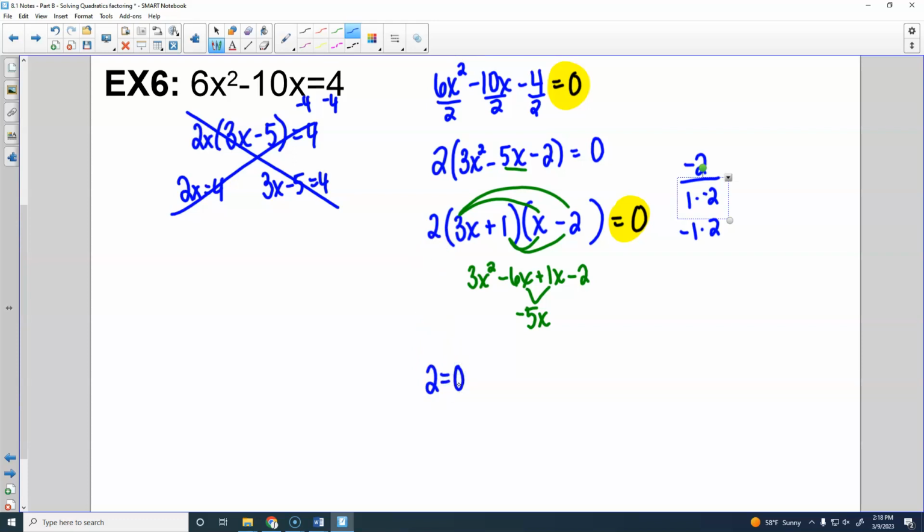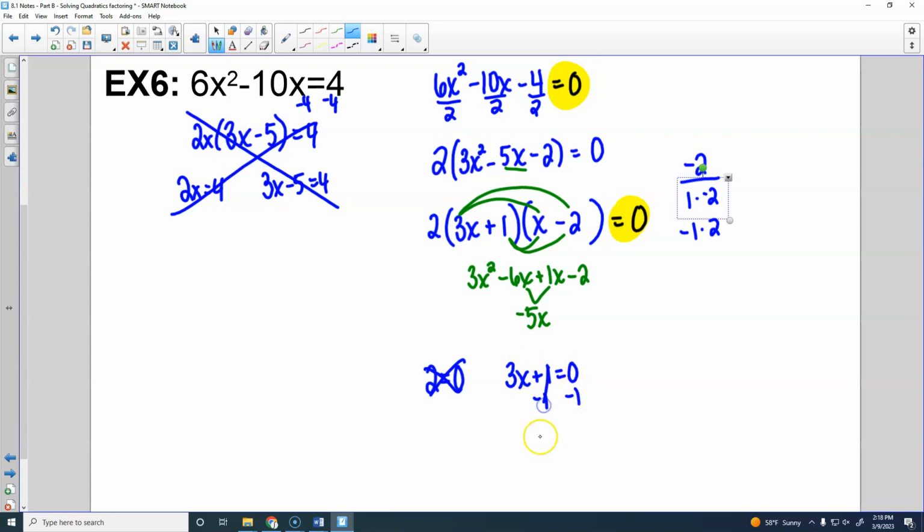Does 2 ever equal 0? No, you don't really get an answer from that because it doesn't have a variable with it. If it had an x with it, then you could get an answer. We also have 3x plus 1. If it equals 0, the whole thing is going to be 0. So to solve this, Giancarlo, what would I do?